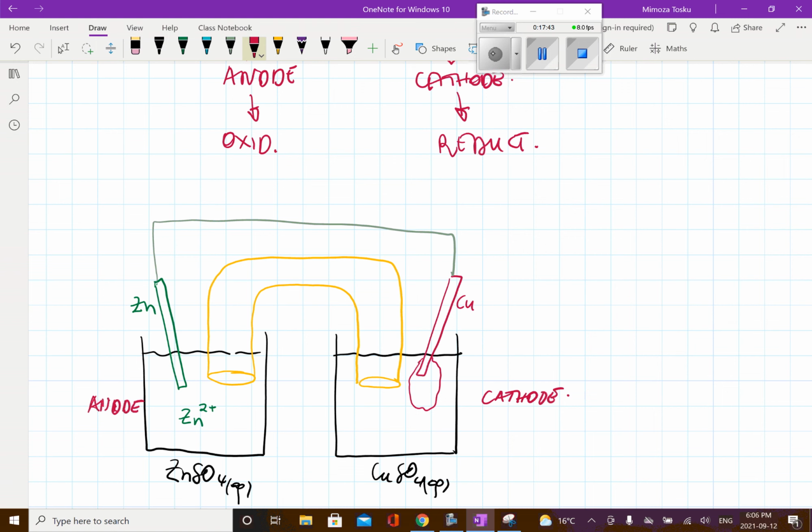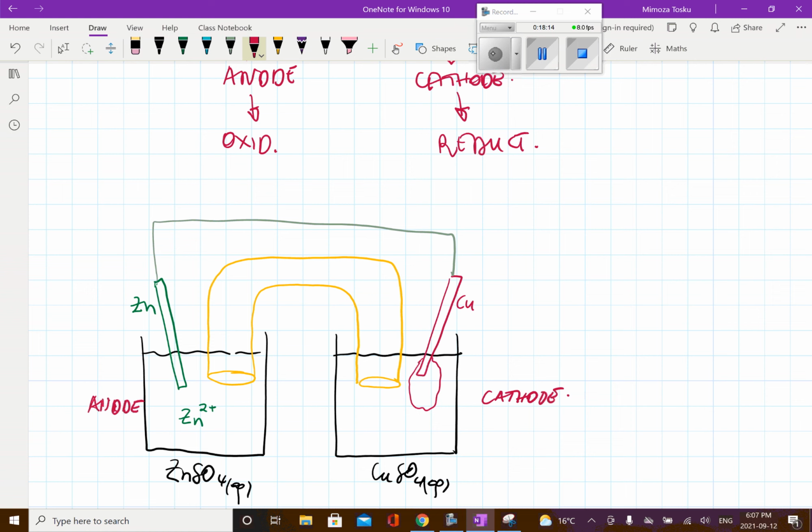So if we leave it without the salt bridge, the zinc plate will wear away, and we will not have any more electrons to provide for the flow between the zinc plate and the copper plate. So to fix this, we build a salt bridge into the voltaic cell.